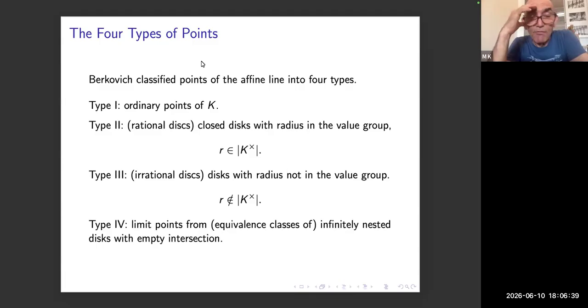Now, there is this fourth type, which is the following situation. You can have sequences of disks that are telescoping into each other. They decrease, decrease, decrease. And it could happen that in this p-adic setting, the intersection is empty. They are called spherically incomplete.